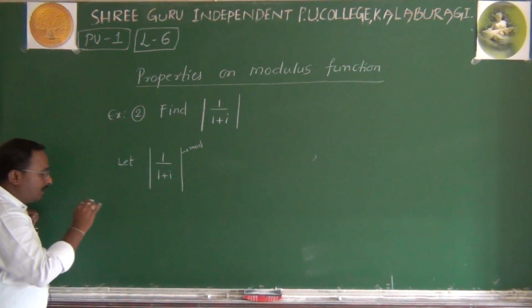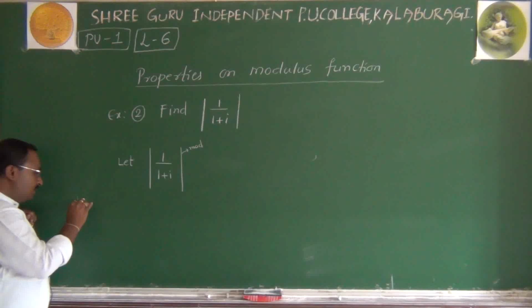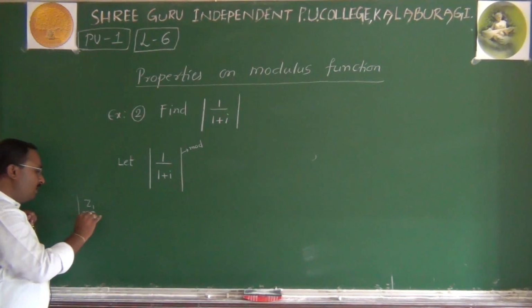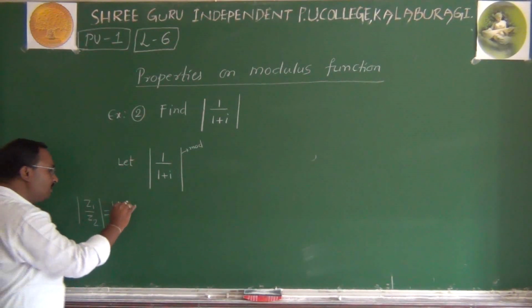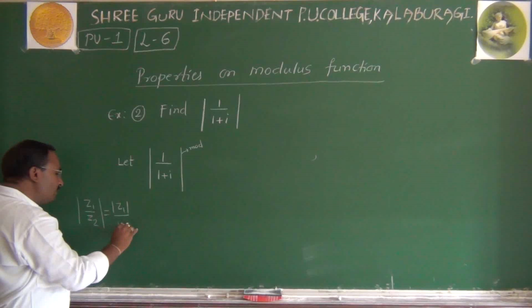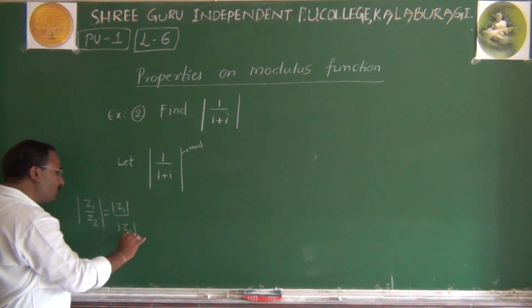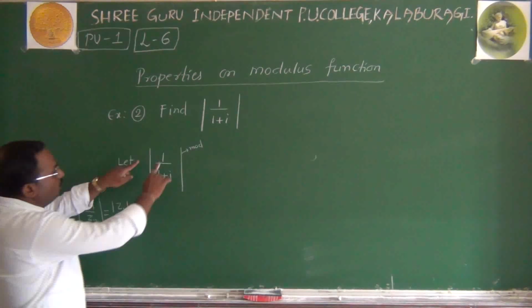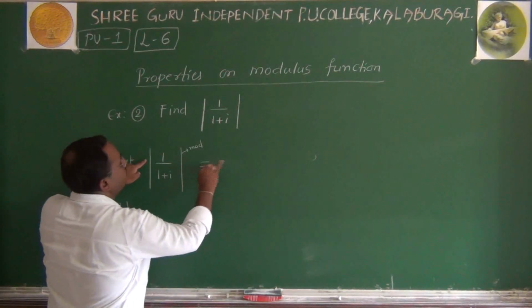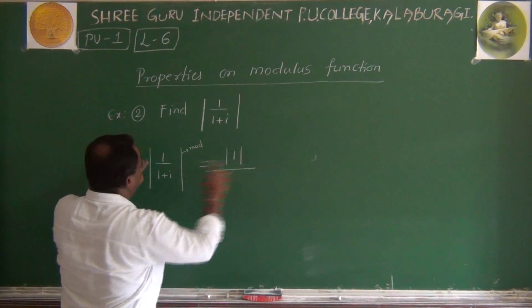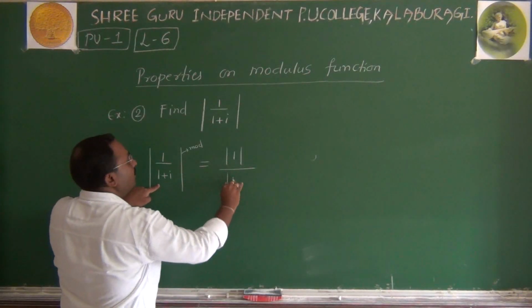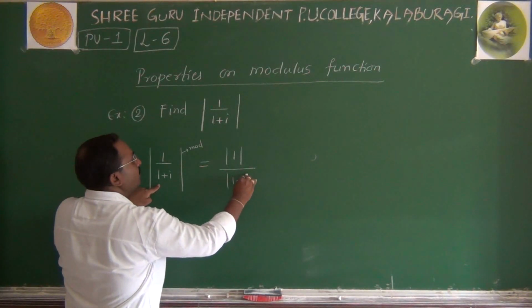We know that the modulus of Z1 divided by Z2 is equal to the modulus of Z1 divided by the modulus of Z2. Separate the numerator modulus of 1 and the denominator modulus of 1 plus i.